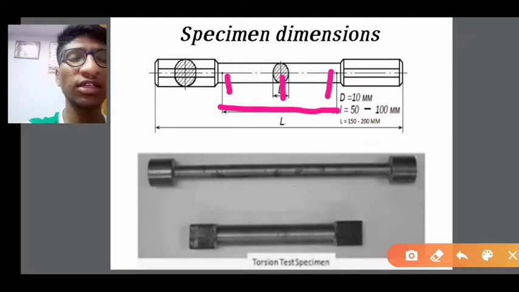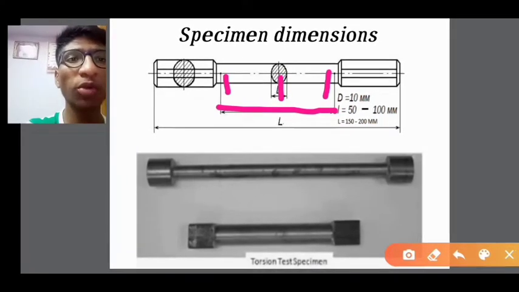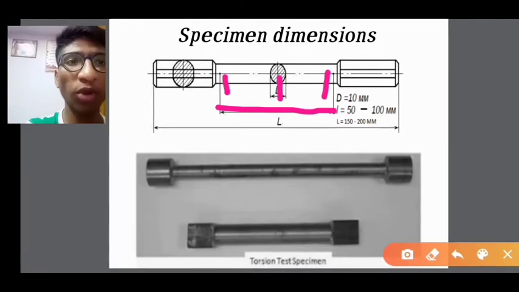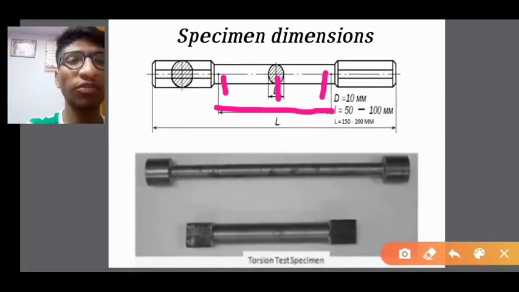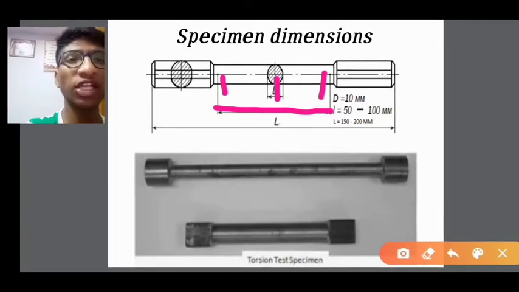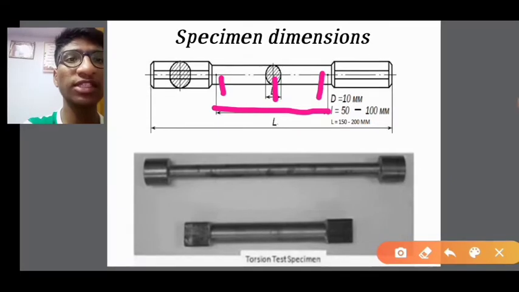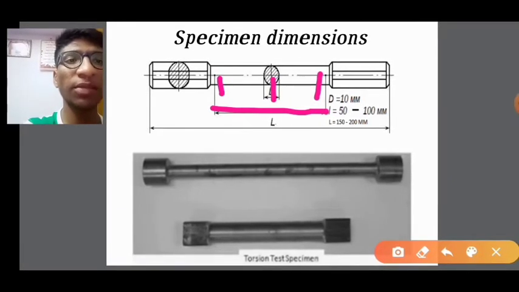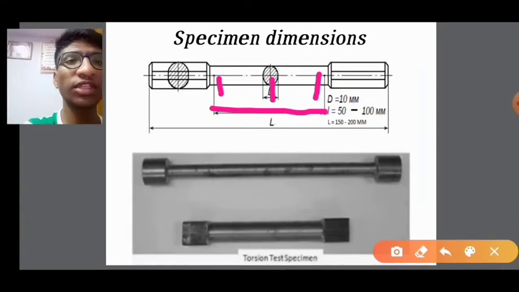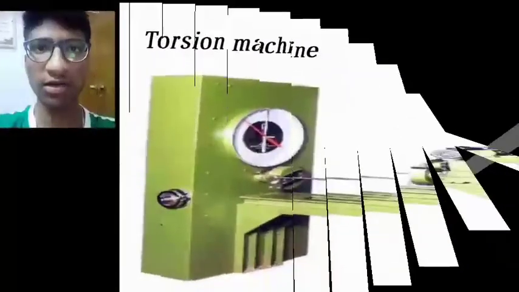With this diameter, we calculate the polar moment of inertia. So what is polar moment of inertia? It is equal to pi d power 4 by 32. We average the diameters of these three sections to get one diameter, and with that diameter we calculate the polar moment of inertia.